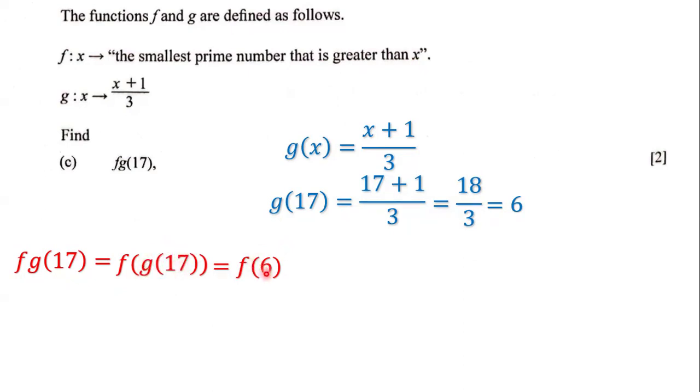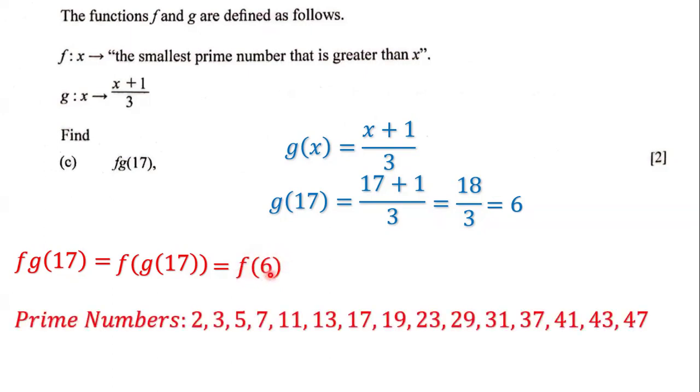But what is f of 6? It's asking what is the smallest prime number that is greater than 6. We have 2, 3, 5, all of them less than 6, but 7 is the smallest prime number that is greater than 6. So f of 6 is equal to 7, which means f of g of 17 is equal to 7. So the answer is 7 here.